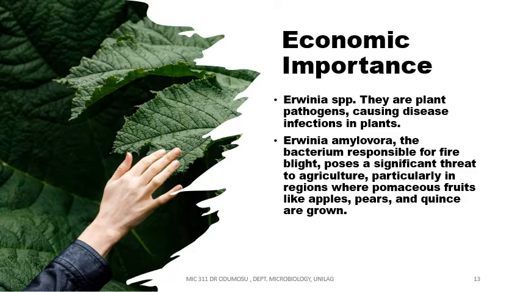Erwinia is an economically important pathogen associated with disease in plants. Like I said earlier, they are associated with different types of infection. So they pose a significant threat to agriculture, particularly in regions where fruits like apple and pear are grown, thereby causing losses at harvest time.